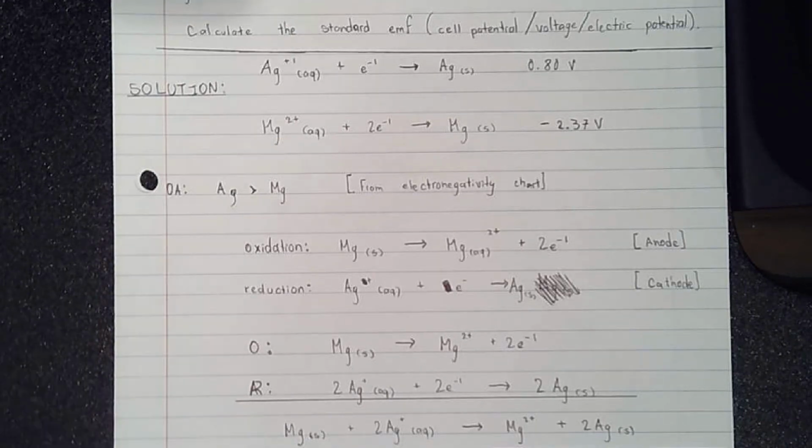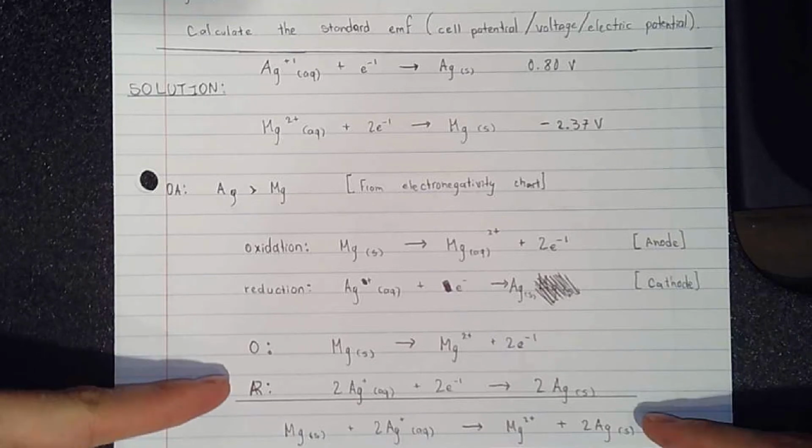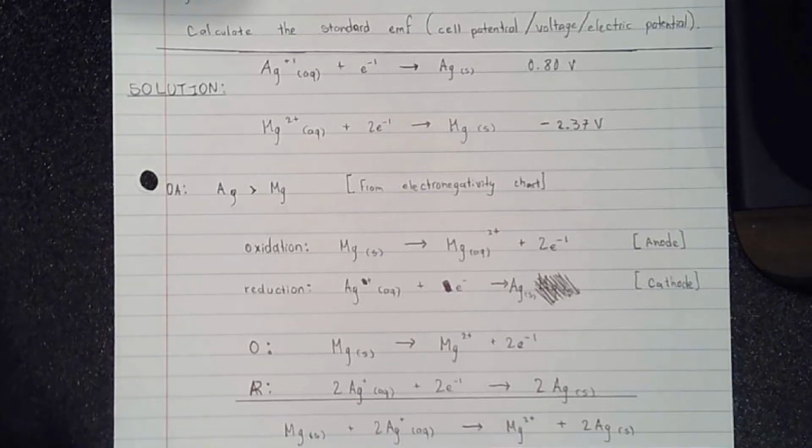Finally, it is time to combine both half reactions. As you can see right here in the bottom, on the reactants side, we have solid magnesium plus 2 silver cations, okay?